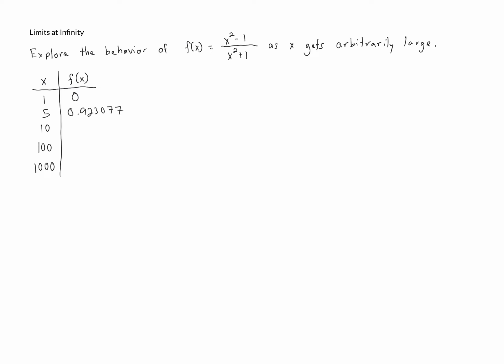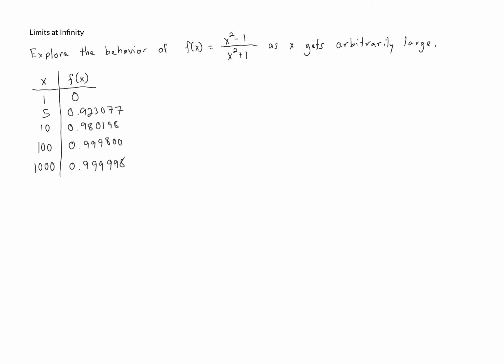And then for the others, I'm just going to plug them into a calculator. You know the drill at this point. For 10, we get 0.980198. For 100, we get 0.999800. And for 1,000, we get 0.999998.